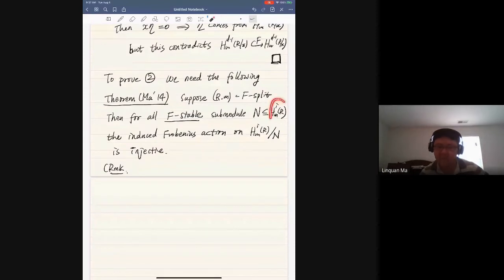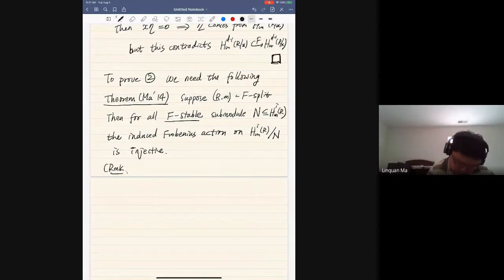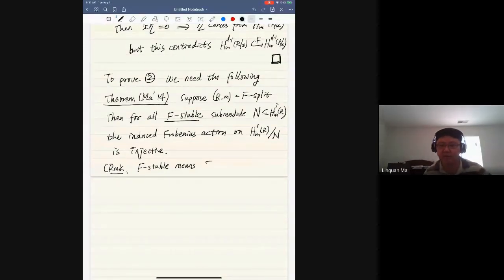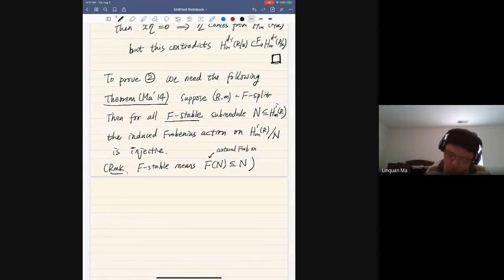So here I have a natural Frobenius, and a submodule N is called F-stable if the natural Frobenius action sends N to itself, just what you imagine it should be. So F(N) is inside N, where this capital F is the natural Frobenius action on the local cohomology module. Okay, so that's what I mean by F-stable.